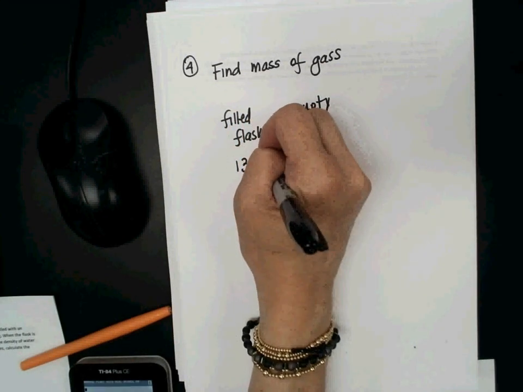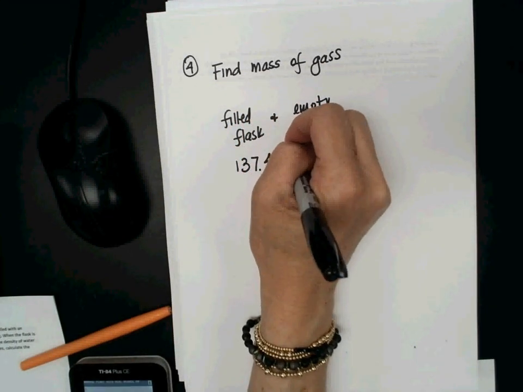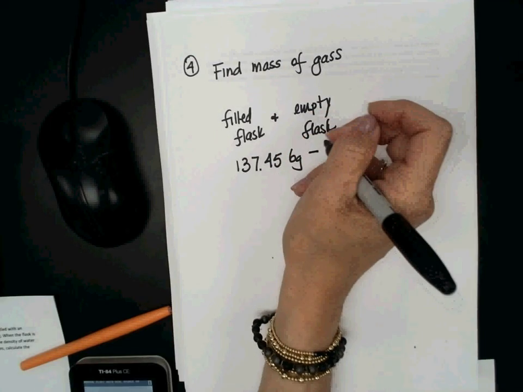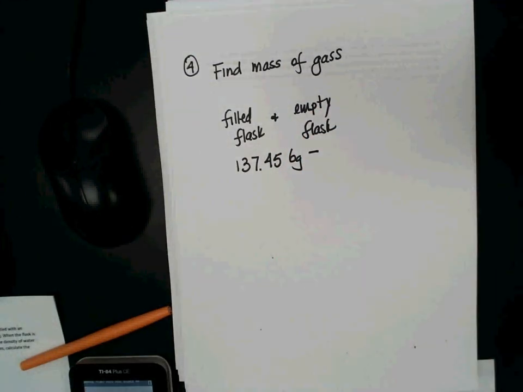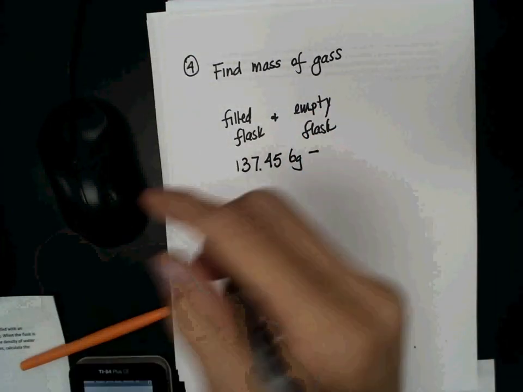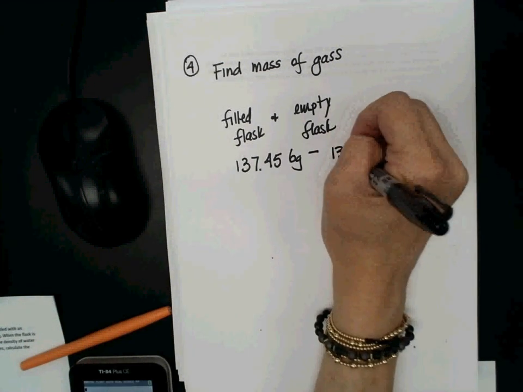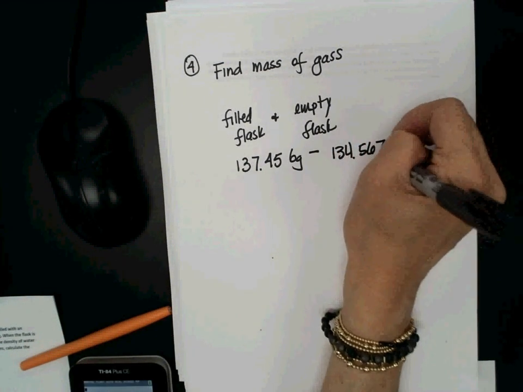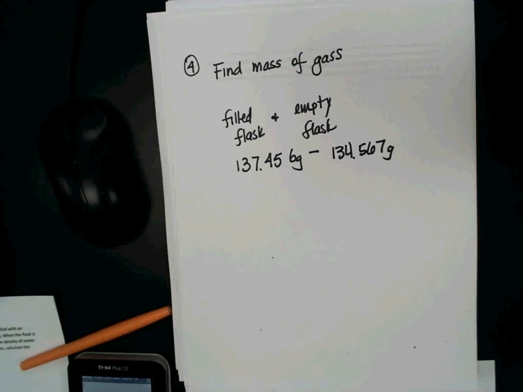So I had 137.456 grams minus 134.567 grams.